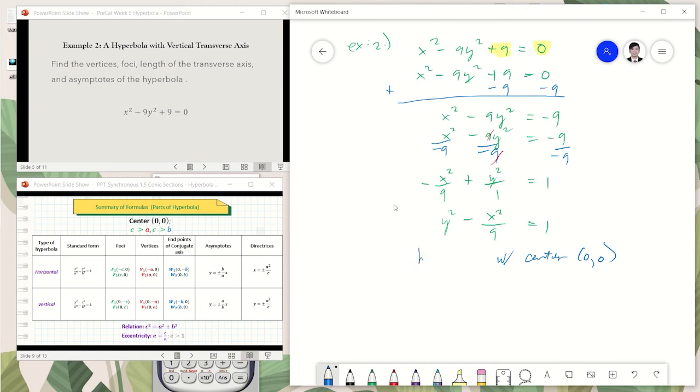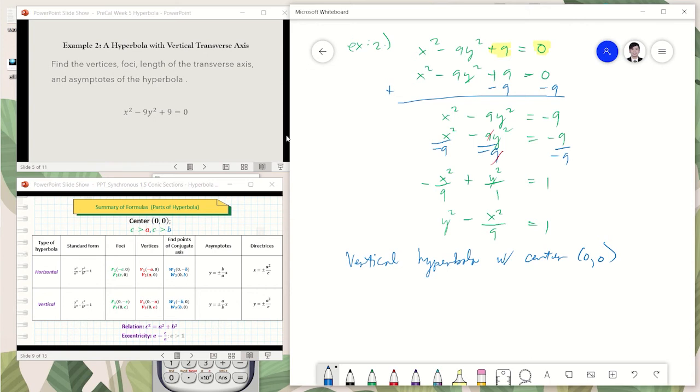Now, as I said a while ago, whether you were told that it's vertical or not, you will know. It's because, based on the order of our equation right now, what comes first is the variable y. That means if it's variable y, it's vertical.